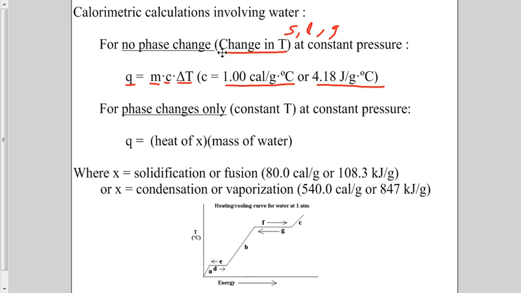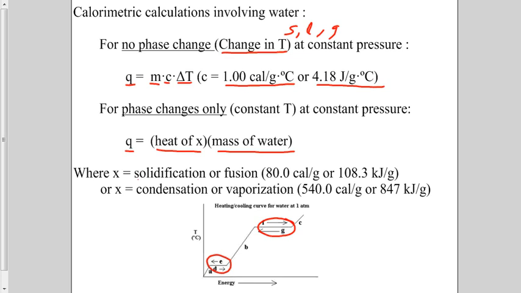For phase changes, where you have constant temperature, you're going to use the equation heat energy equals the heat of whatever phase change is taking place times the mass of water. And of course, the phase changes are either melting or freezing, vaporization or condensation.